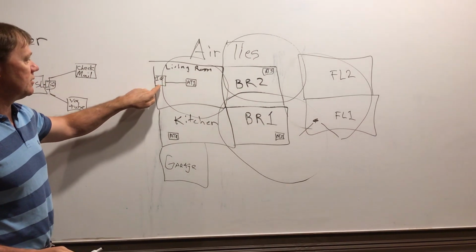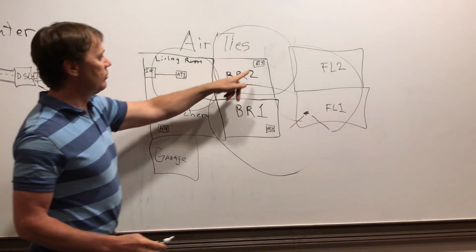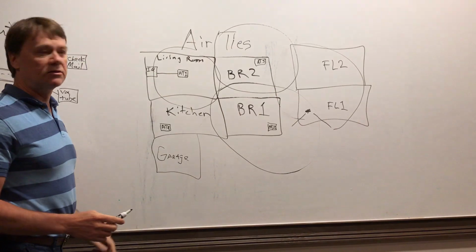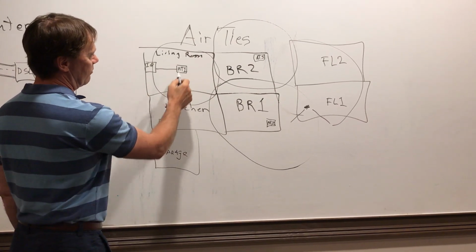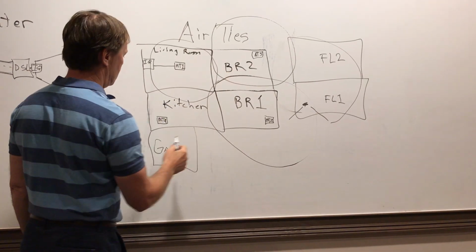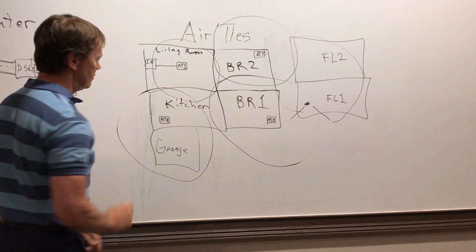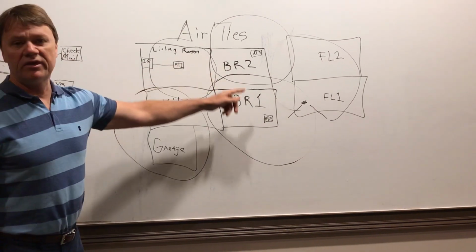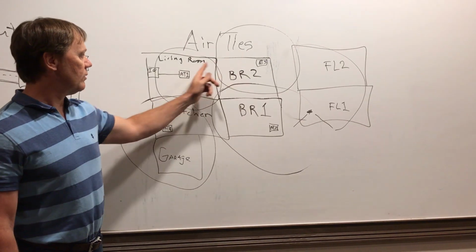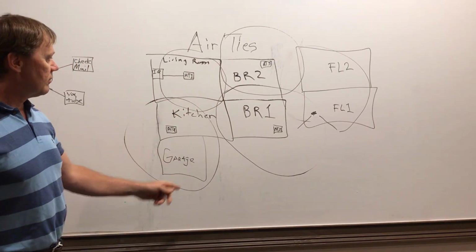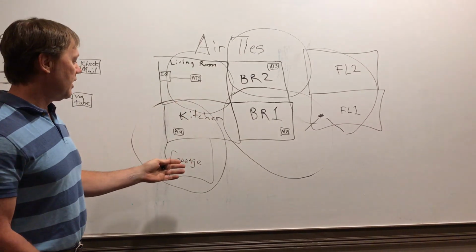It has a wire to a router of some kind, but all of the other ones don't have any wires. Once they've been paired, they talk back to that one wirelessly. So now they have everything covered with 4 AirTies. They got kitchen, bedroom 1, bedroom 2, living room, garage, somewhere in here they got a bathroom. Everything is covered, and they used 4.